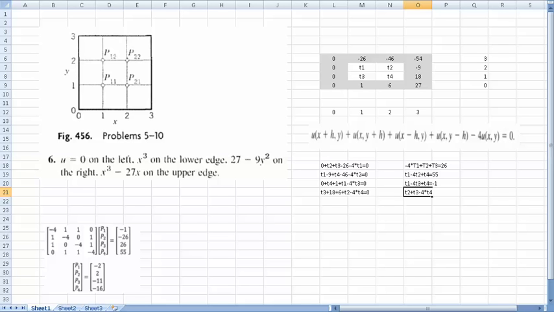Let's see. 18 plus 6 is 24. Going to the other side equals minus 24.